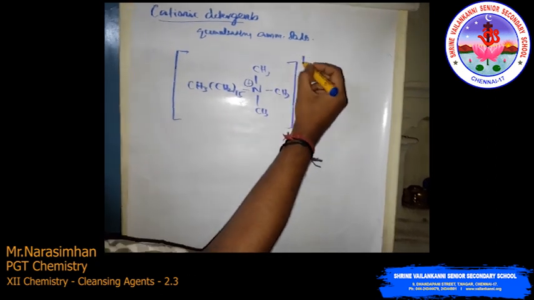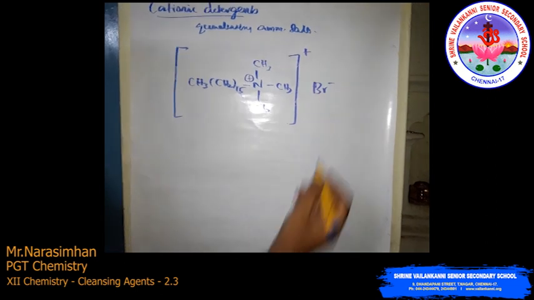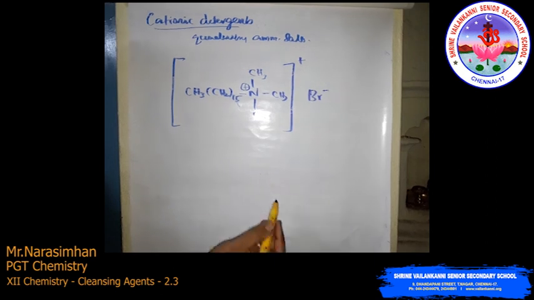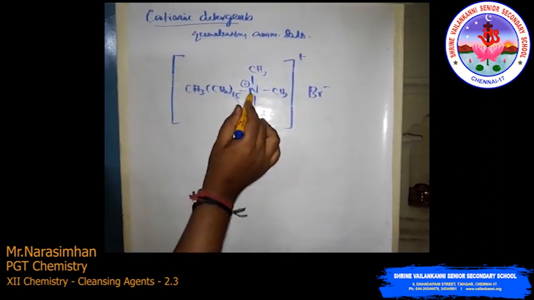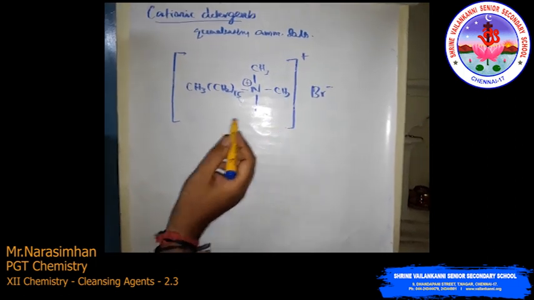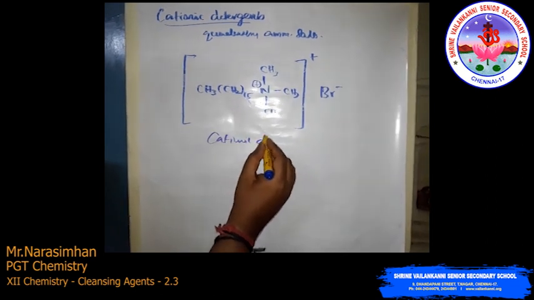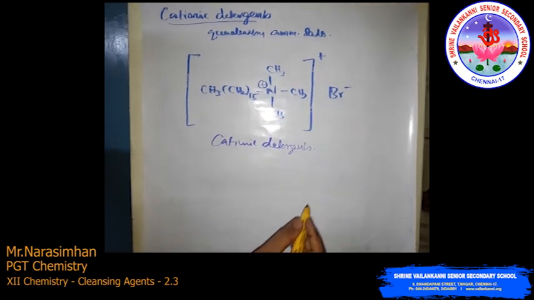Then you can use either bromide or chloride, whatever it is. So this is the quaternary ammonium salt of amines. The nitrogen atom contains the positive charge, hence these are called cationic detergents.